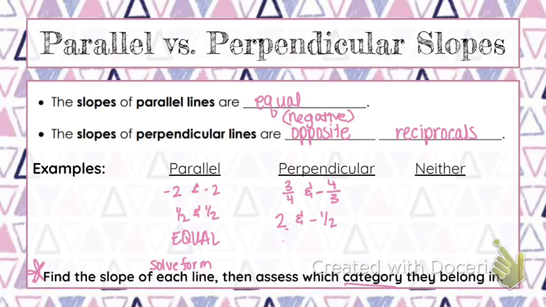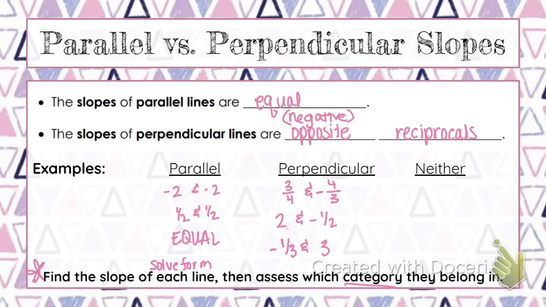So +2 and -1/2 are perpendicular slopes. And then if you had, let's say, -1/3, and then you needed to flip that and change the sign, 3/1 is 3, and this one was negative, so this one stays positive.